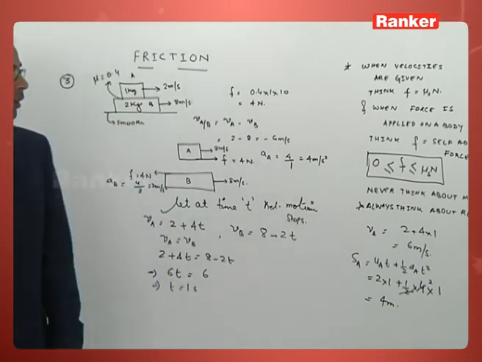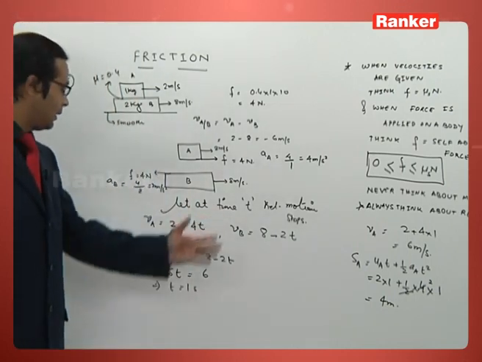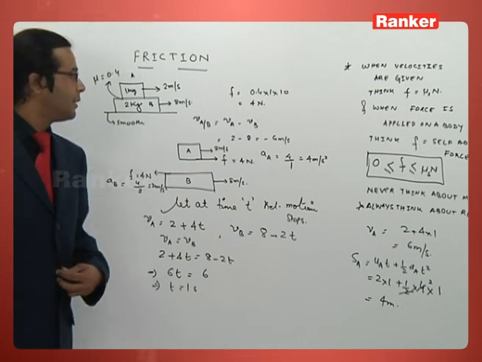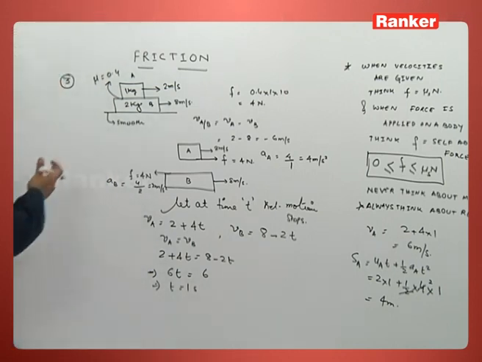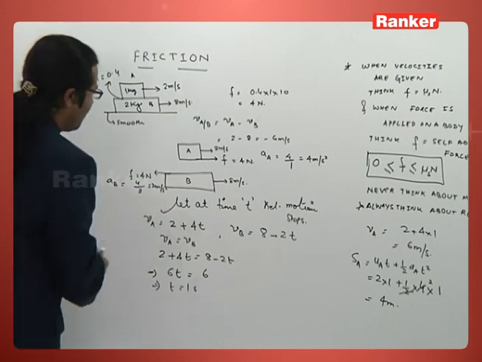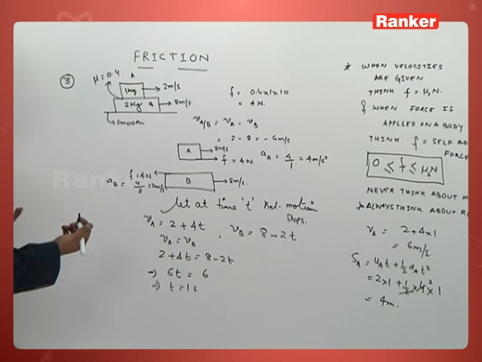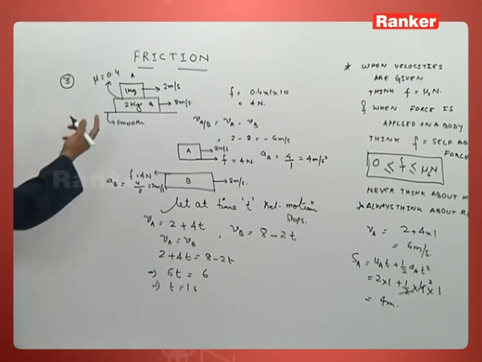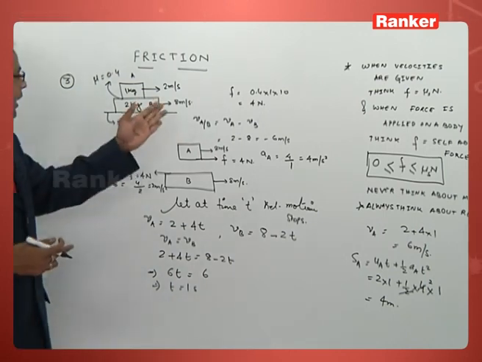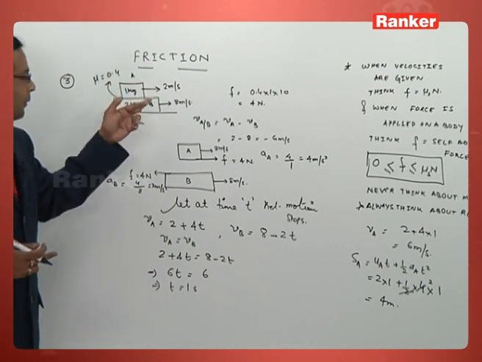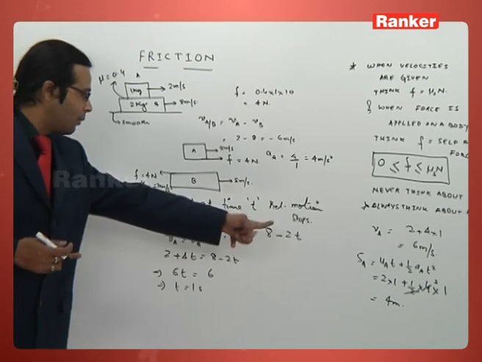Now the displacement of block A during that 1 second is 4 meter. We can do it another way to find the common velocity. If you know a little bit about conservation of momentum, since we got to know that block A and block B together are moving with one velocity, which we found out.